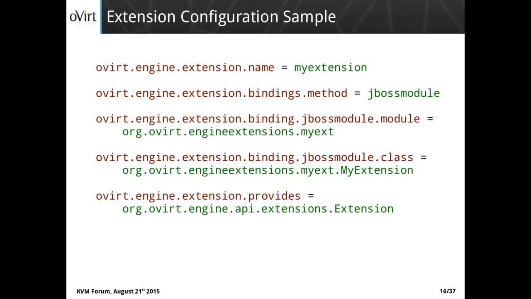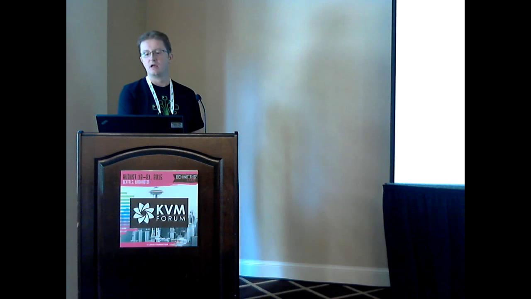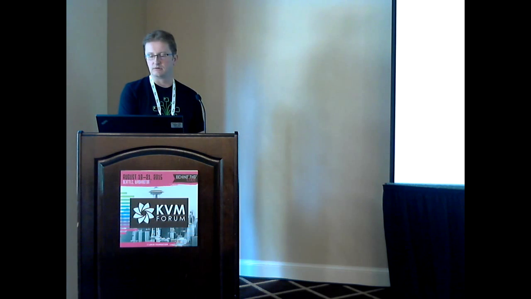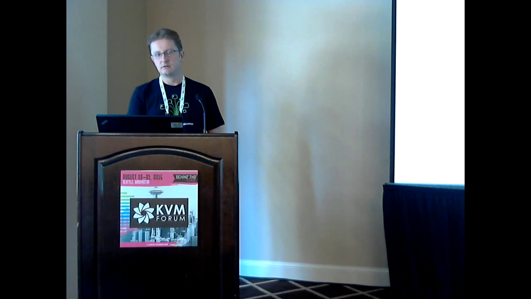What this configuration file looks like is pretty simple. We have a name here, which identifies the name of the extension. We have a loading method. At the moment, it's only JBoss module, but there might be more in the future.